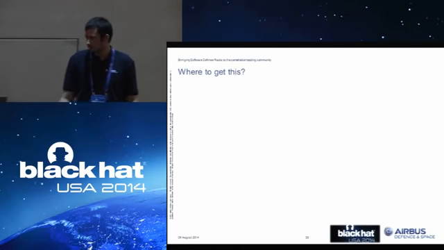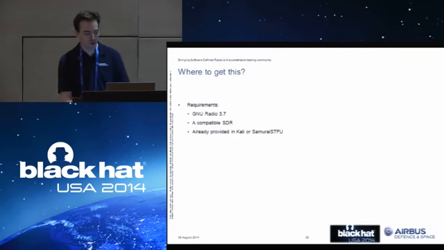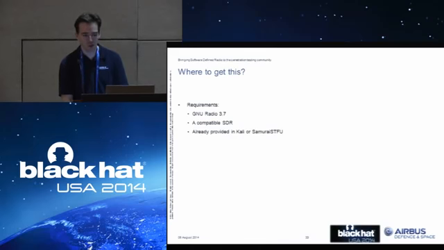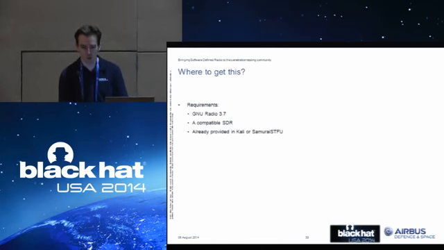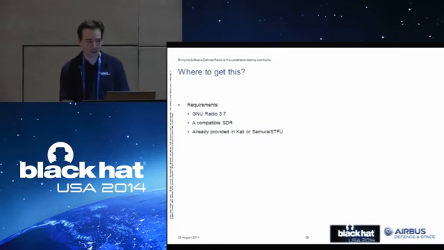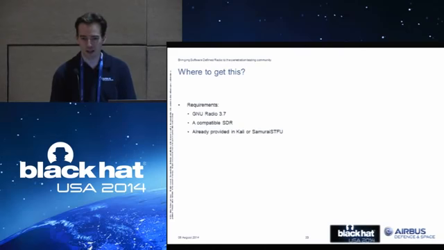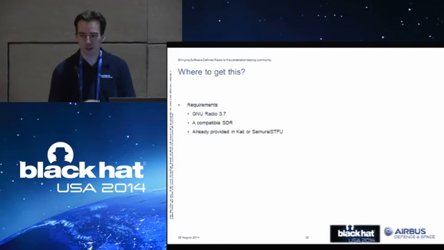So where to get this tool? All you require is GNU Radio 3.7. Be careful, because 3.7.5, which is the upcoming development version, breaks the UHD blocks in a pretty nasty way. It's just the UHD sink, the block responsible for transmitting packets with a USRP.